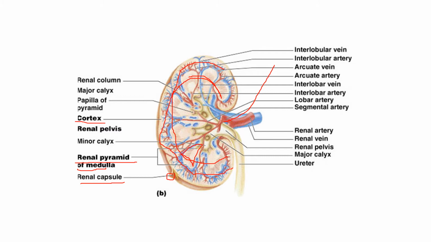And then you're going to have interlobar arteries and veins, which would be in between, right? And then you're going to have segmental arteries, which are a little bigger, coming into the segments like that.